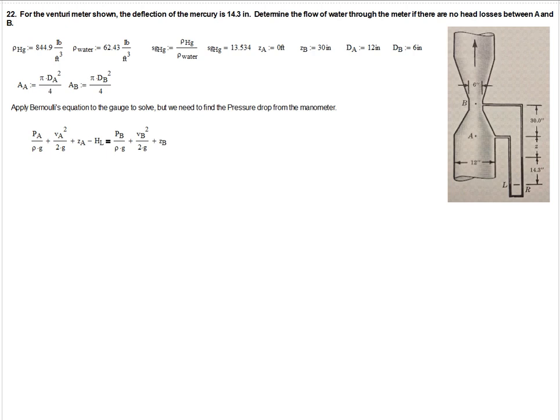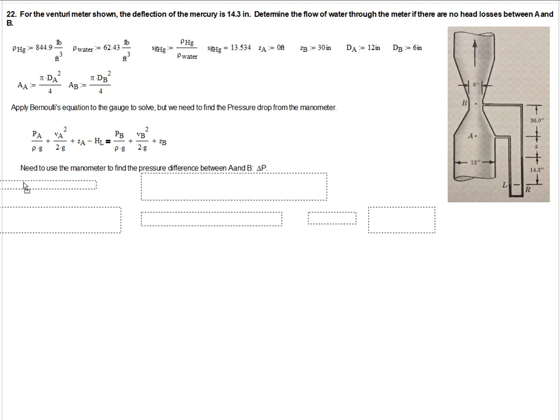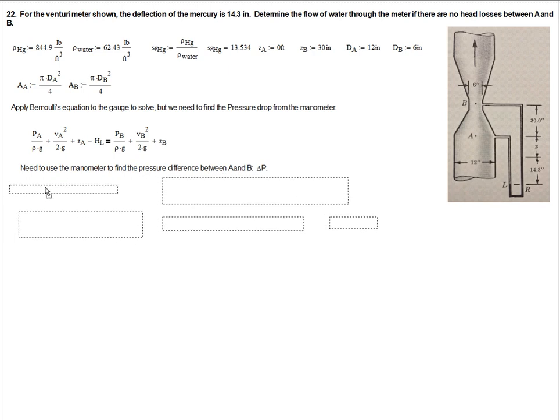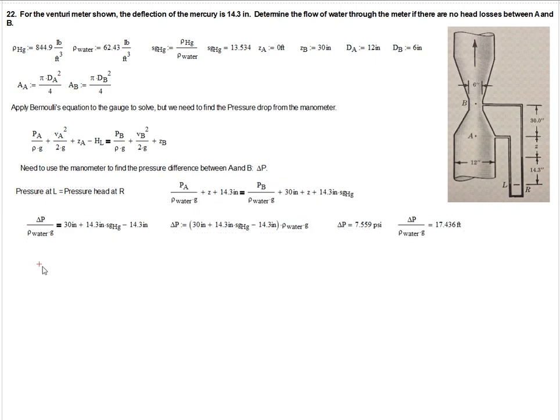Now, what we need to do, though, is figure out what these pressure terms are, the PA and the PB, or the delta P. And so we need to look at the manometer figures and think about how this is going to work in the manometer.